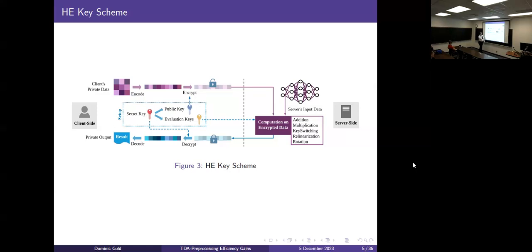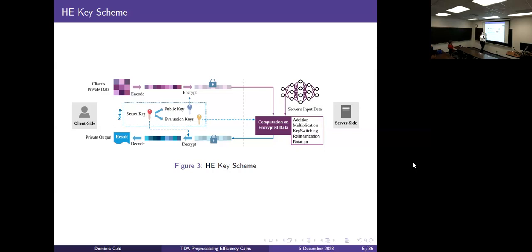Now the server, because of the way homomorphic encryption works, is allowed to do very basic operations on your data. Basic here means arithmetic in general, so you can do addition, multiplication, and you can forget about the other three things. Let's keep this very basic for now. You can add and multiply, and also index rotation of vectors. The server can perform those operations on the encrypted data.